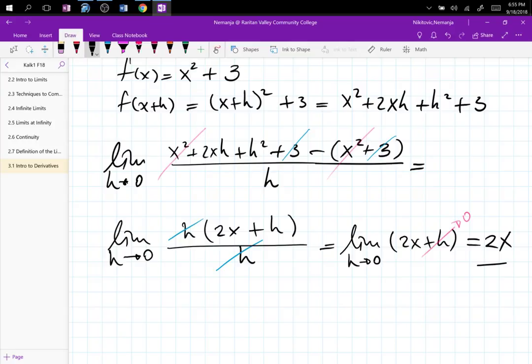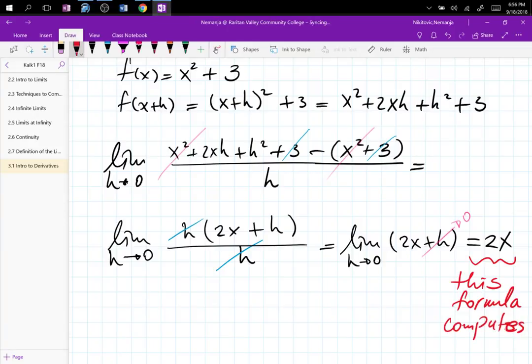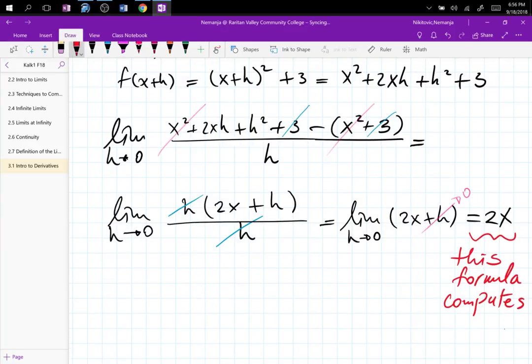Do you see what I got at the end? You know how earlier we got particular slopes? You got a formula now. So this formula computes all slopes.